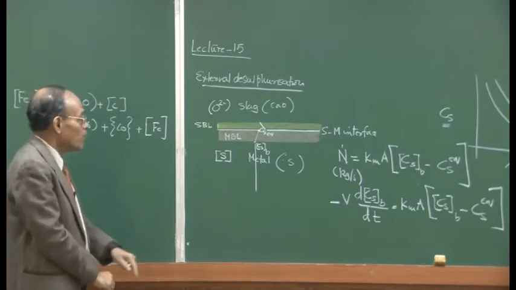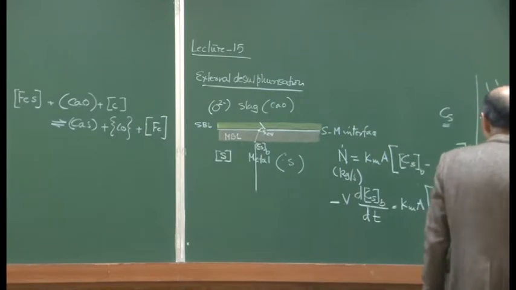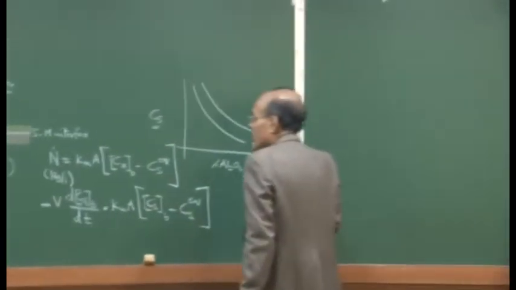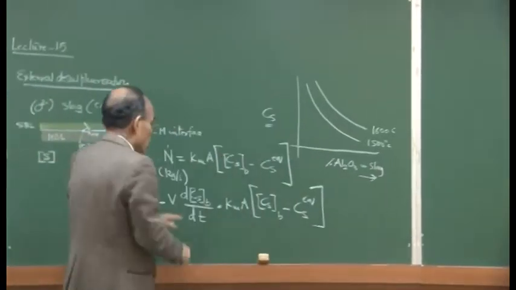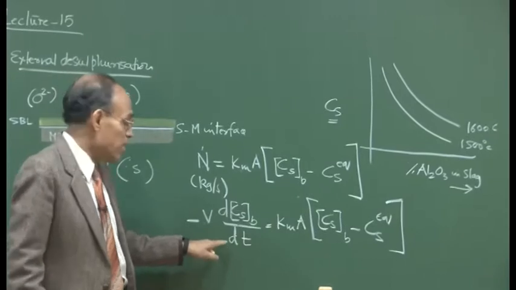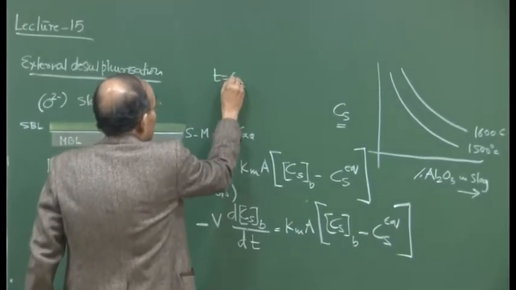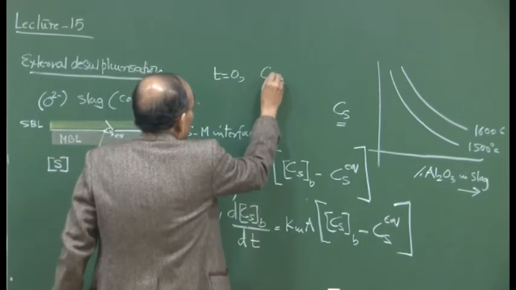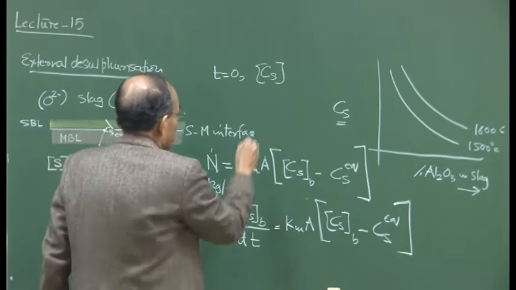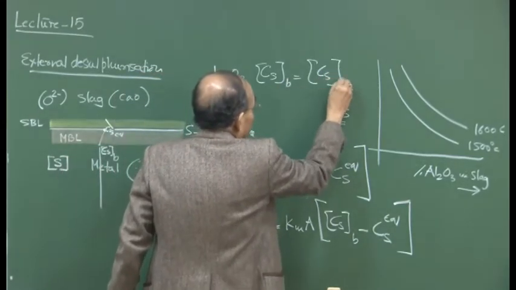virtually at equilibrium. So, if you integrate this, okay, and if you apply the initial condition, because this is a first order equation, we will get a constant of integration, and that constant of integration will be given by the initial condition, which says that at t is equal to 0, Cs bulk is equal to Cs initial.